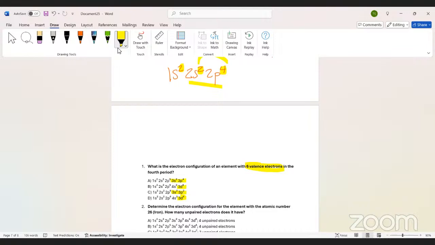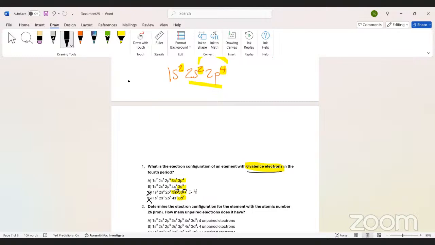All right, here is the catch. Here's how you're going to know this. What is 2 plus 2? That's equal to 4. So we know it's not letter C. We know it's not letter D because it says 6 valence electrons. 6 valence electrons is over there in group 16.